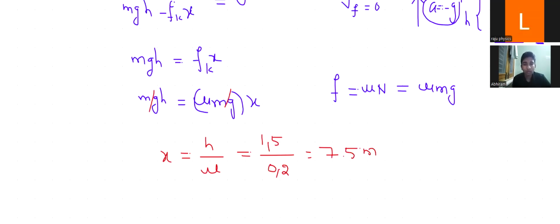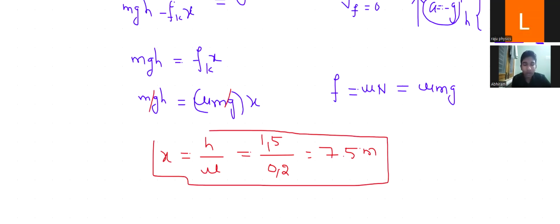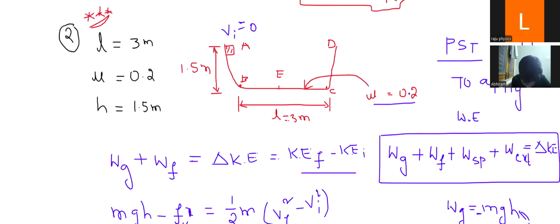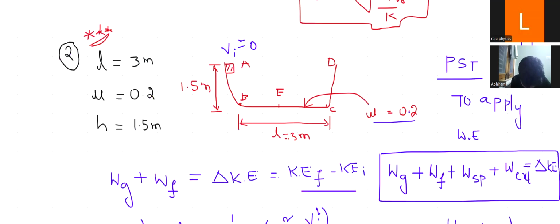So where does your particle stop, Abhi? After 7.5 meters. At 7.5 your particle stops. This is very, very important, Abhi. Just look at this diagram.